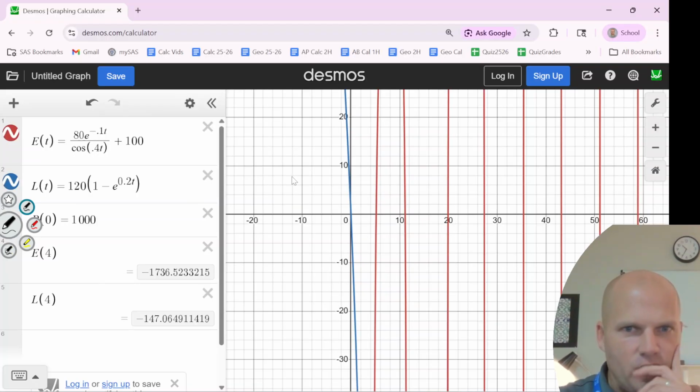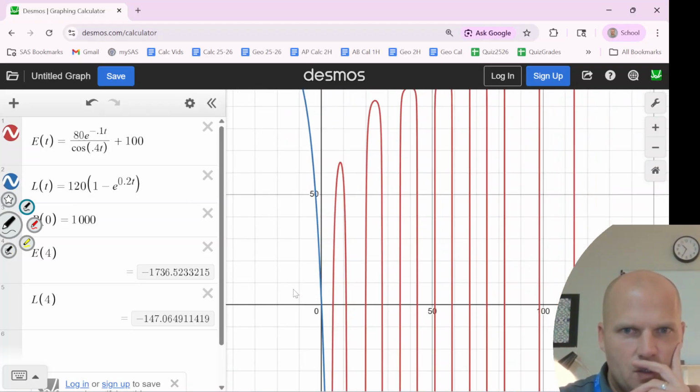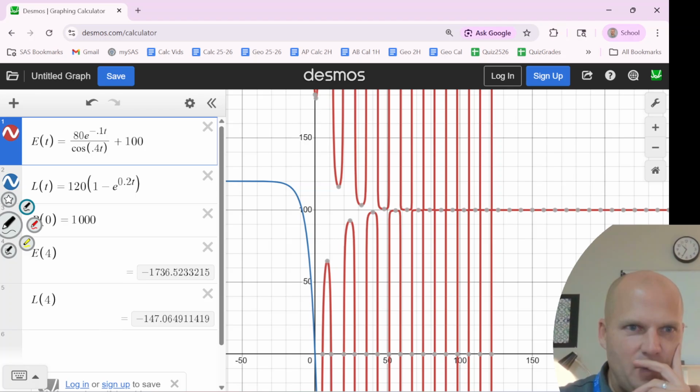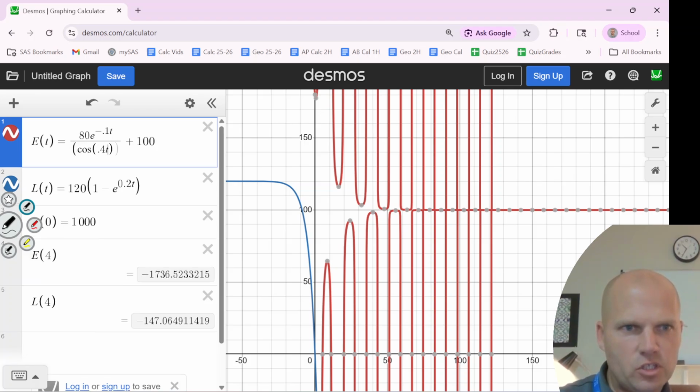I feel like I graphed this. Look at that. That's crazy. That doesn't work out. I feel like I graphed this and maybe it got all screwed up. Dividing by the cosine is a problem. Dividing by the cosine squared might be a solution.